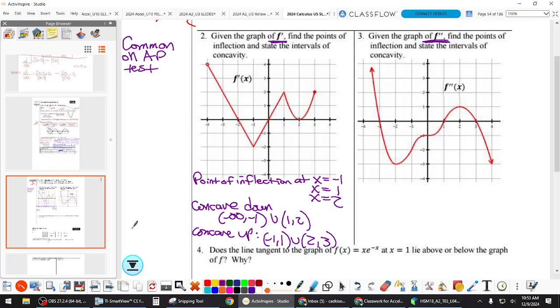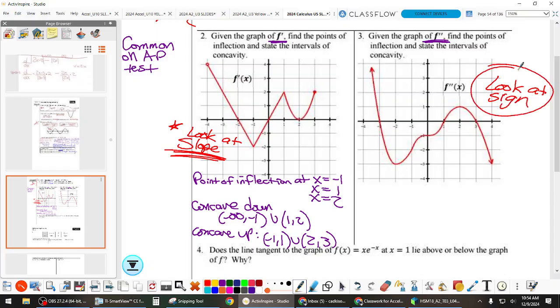Okay, how about f double prime? What are we looking for? Actually, before we do that, maybe let's just give a generalization. We're looking at slope on f prime. How about over here? What are we looking for? Find your x-intercepts. Okay, so looking at the sign, right, on the interval. Okay.